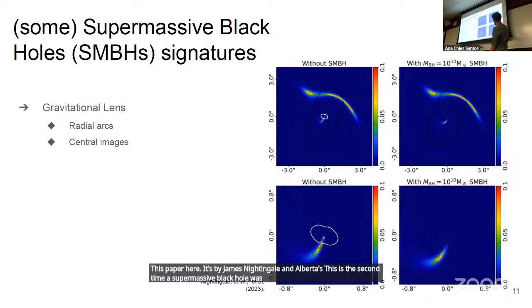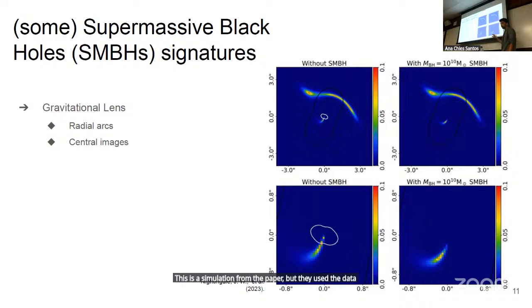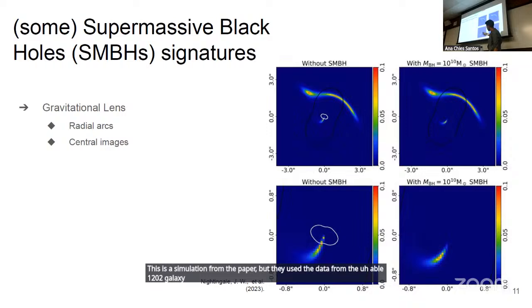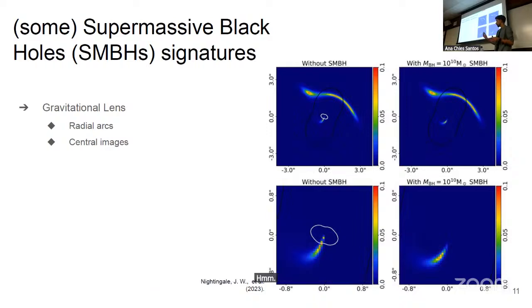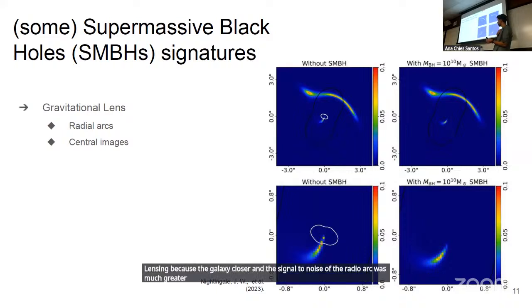This is a simulation from the paper, but they used the data from the ABO 1202 galaxy, where they have a radial arc. Because the galaxy was closer and the signal to noise of the radial arc was much greater than the one I was dealing with, they were able to constrain the black hole using just gravitational lensing.